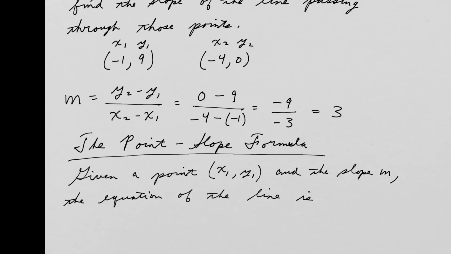This is the point-slope form. It would be y minus y1 equals m times x minus x1. Again, x1 and y1 is that given point, so I'd have to give you those two coordinates. The m is the slope, and then the x and y by themselves are just your variables. They just remain as x and y.